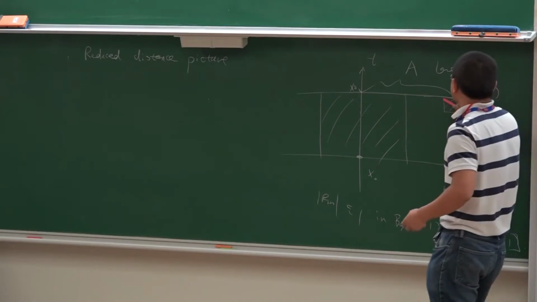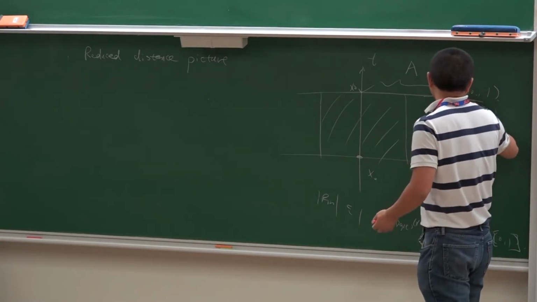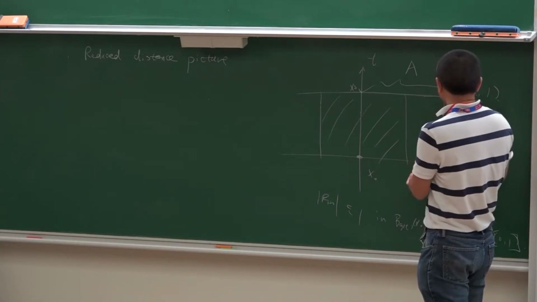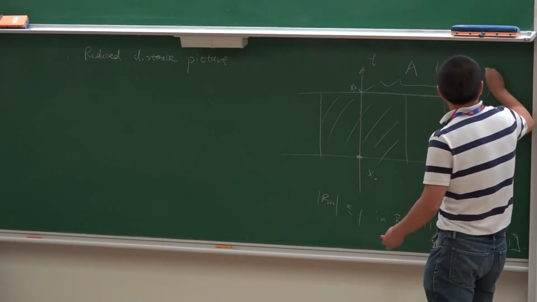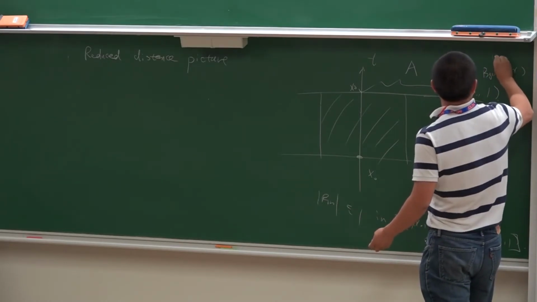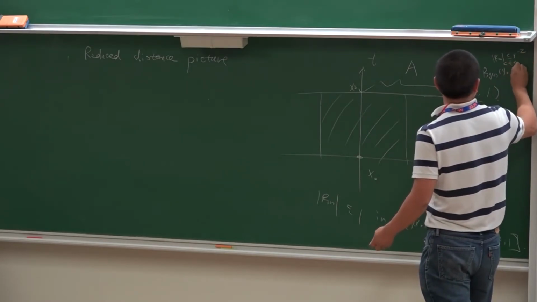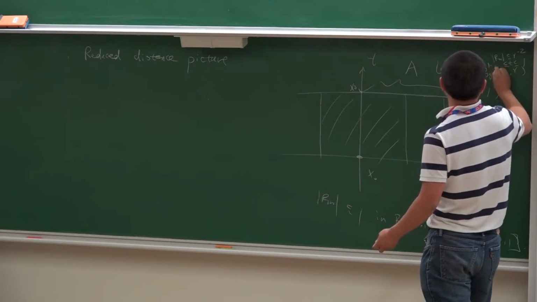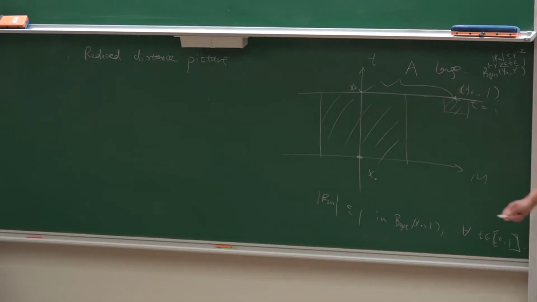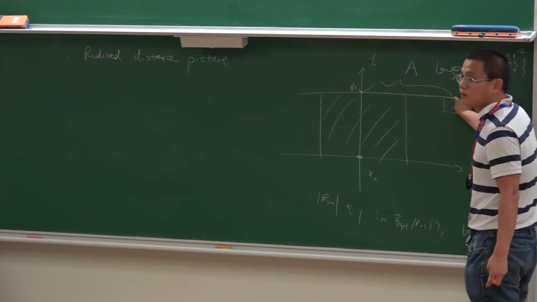Suppose y0, 1 has a ball of radius r, where you have the curvature bounded by r to the negative 2, for t from 1 minus r squared to 1. Then you can consider the reduced volume based at the point y0, 1.